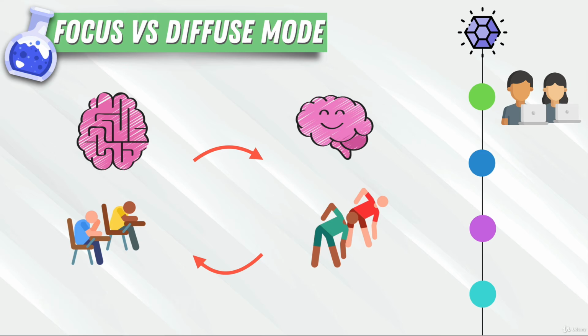Now, the key thing is that you can only be in one mode at a time. So we want to avoid multitasking. Focus mode and multitasking are different things. A lot of people think focus mode means having 50 windows open on your computer and being busy. But multitasking is usually a bad strategy because you can rarely do two things at once, especially well.